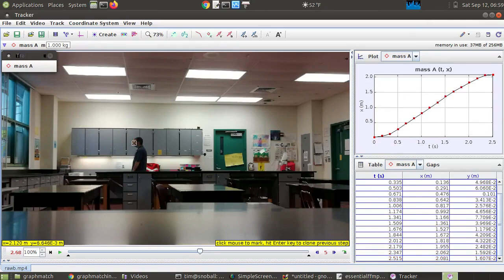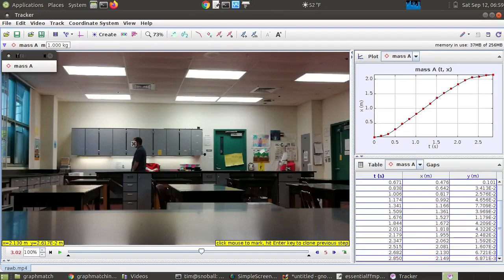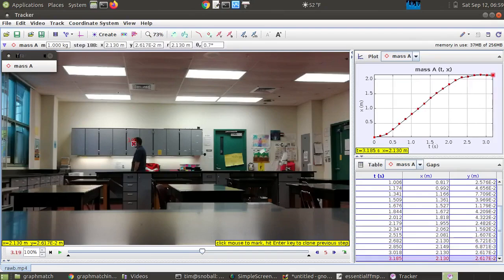Now it looks like I'm changing. I'm barely moving the mouse at all. So this is that coming to rest period. See how the graphs change just like before.